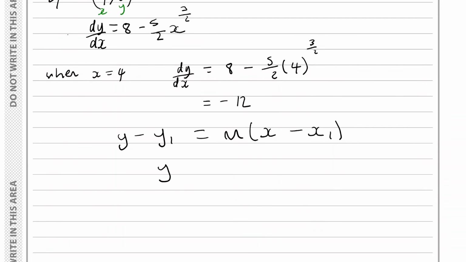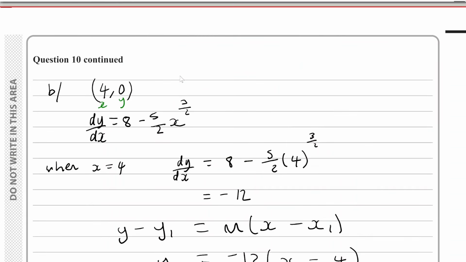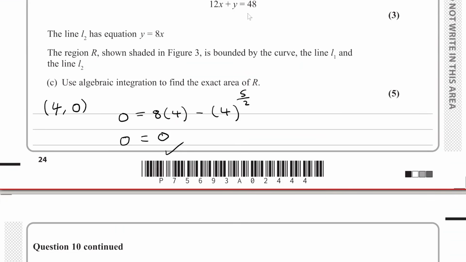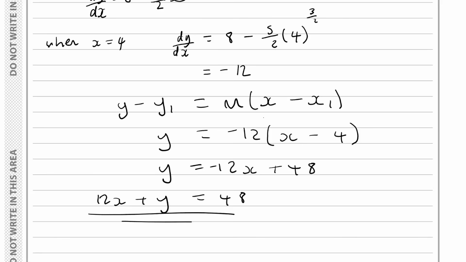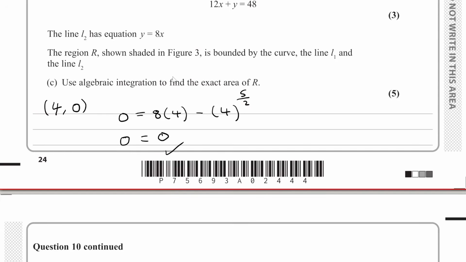So y minus 0 equals negative 12 times x minus 4. We want to get it in the form where the x and y are on the same side, so expand the brackets and add 12x to both sides. And that is our answer.